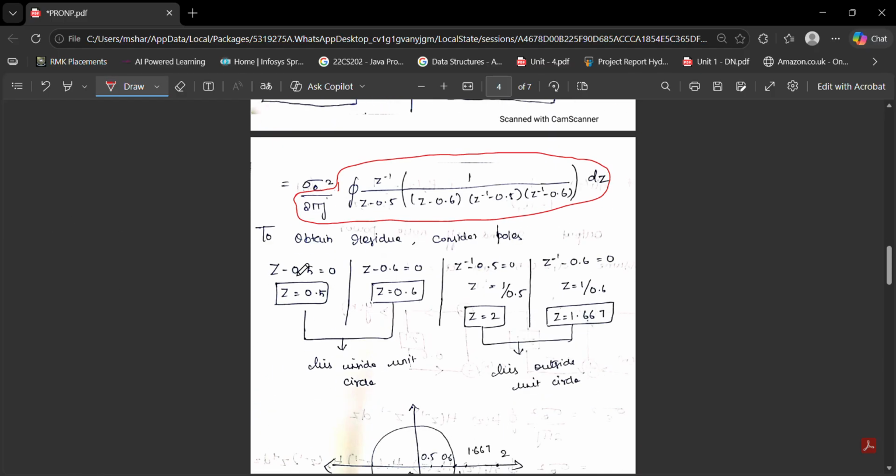In order to calculate the residue for this equation, I will be calculating the poles. Poles means whenever the denominator is equated to 0, those are called poles, and whenever the numerator is equated to 0, those are called zeros. So here we have 4 factors in the denominator, right?